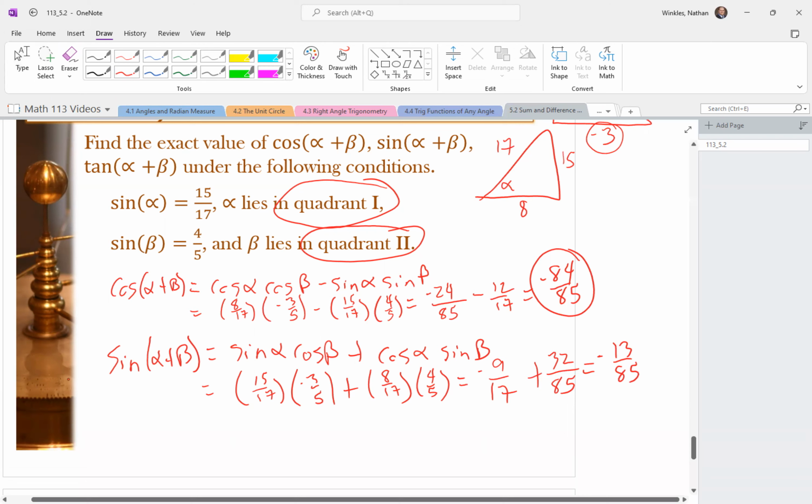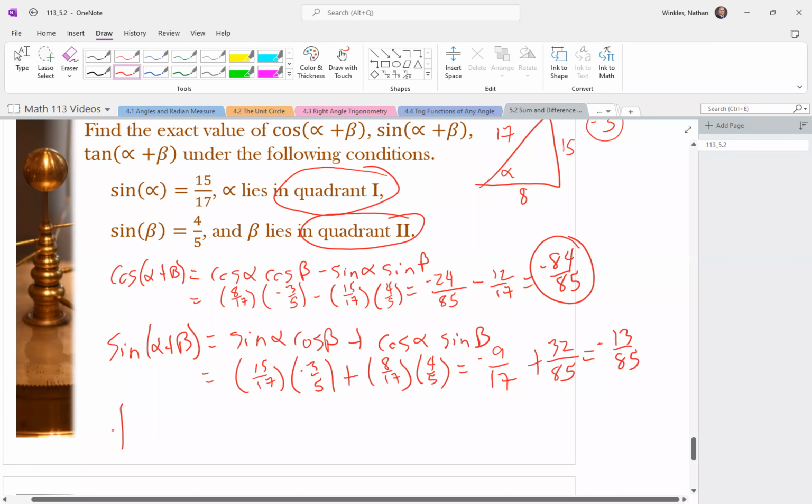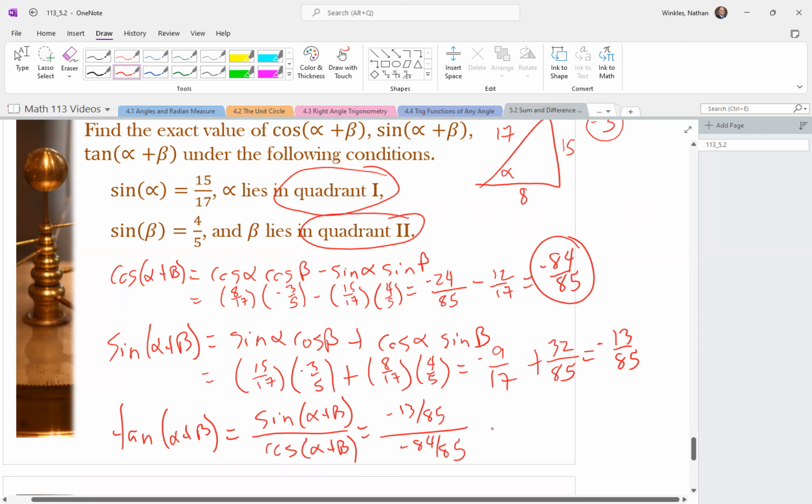So since we found our sine and cosine here, to find our tangent of alpha plus beta, that's literally just sine of alpha plus beta over cosine of alpha plus beta. So we get negative 13 over 85 divided by negative 84 over 85.